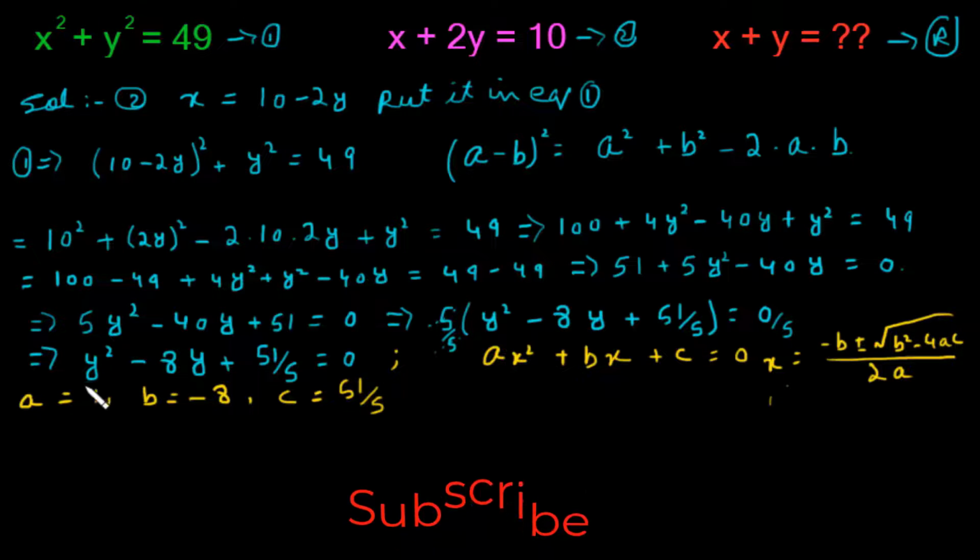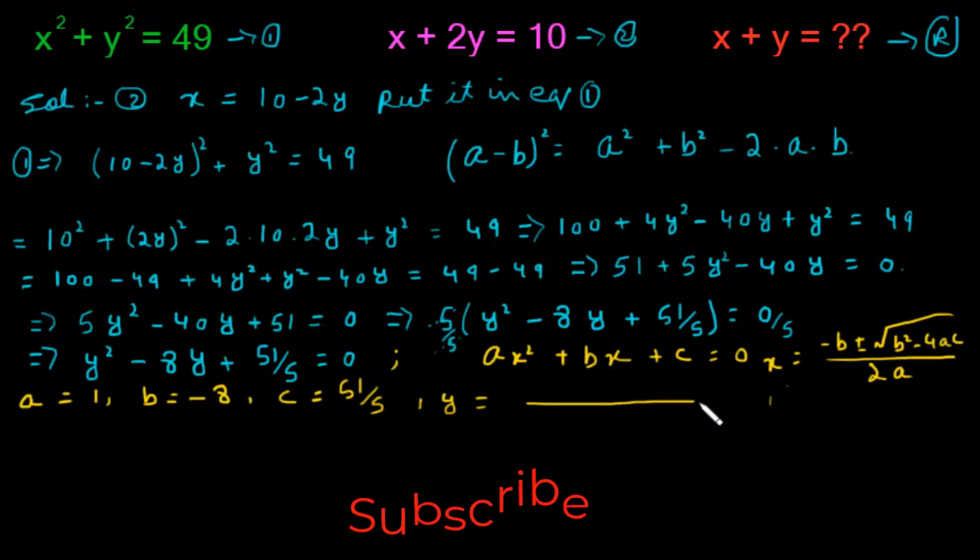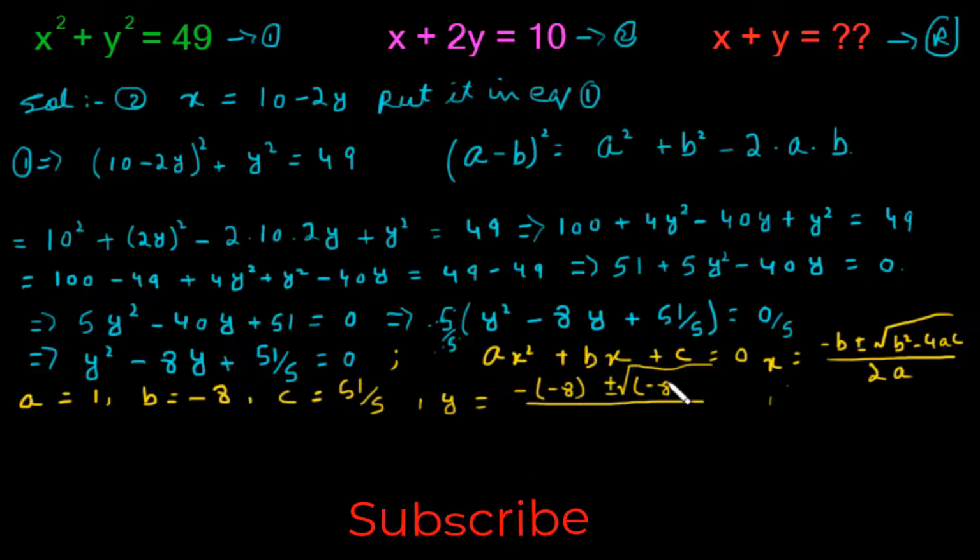So I will just plug in these values into this formula, so that will get me y is equal to minus b, which is minus minus 8, plus minus the square root of minus 8 squared minus 4 times a, which has a value of 1, and c has a value of 51/5.